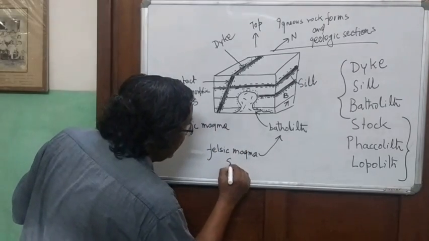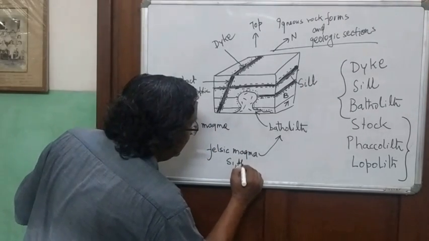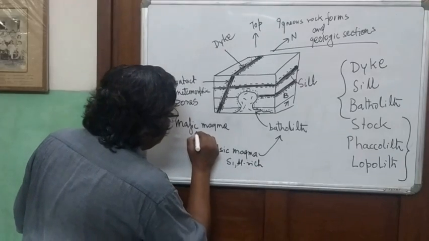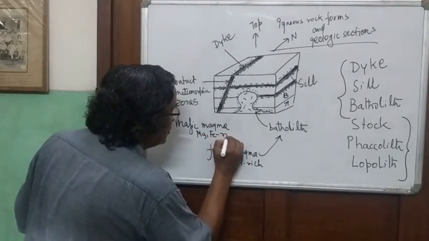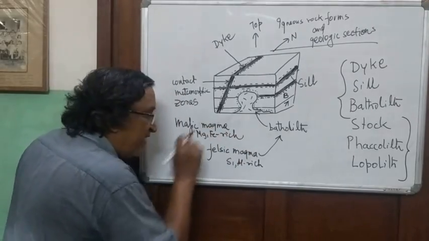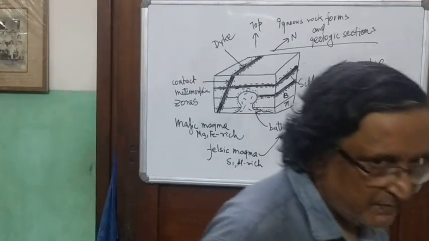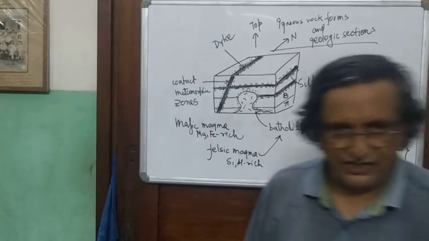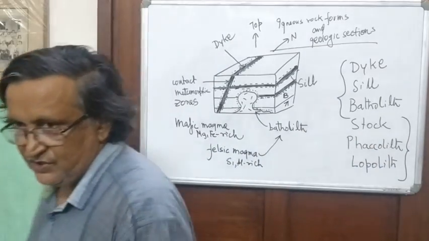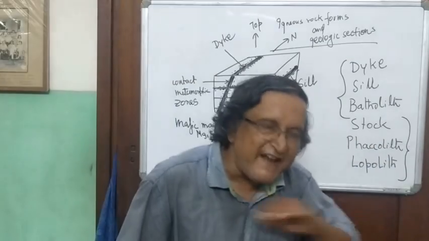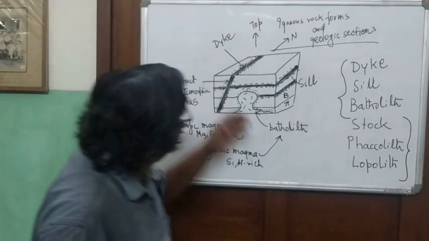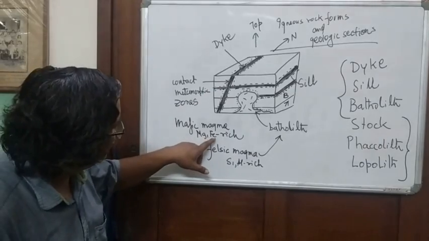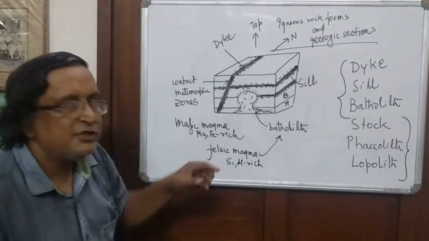these are silicon rich, SiAl rich, and these are MgFe rich. Now these mafic magmas normally are not viscous, they are highly fluidized. They move very fast. So that is why I have given two colors, because if there is more iron, the materials would look darker.